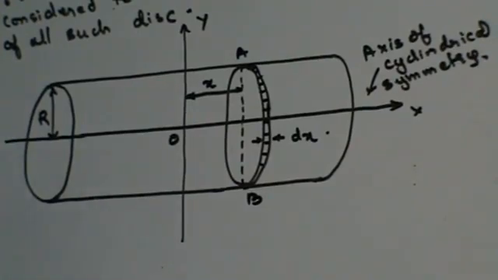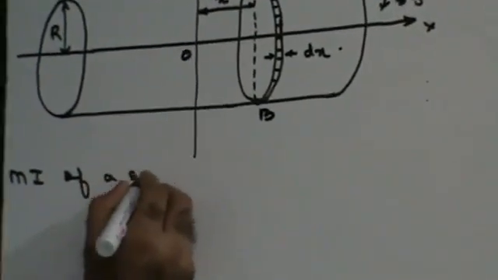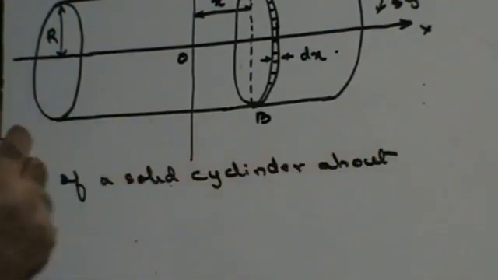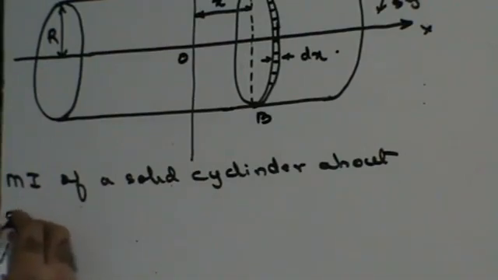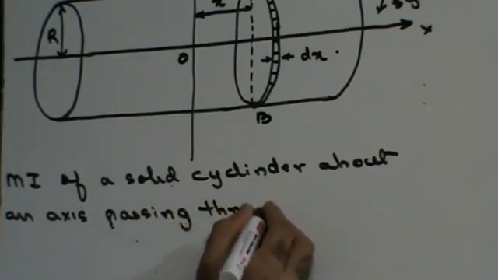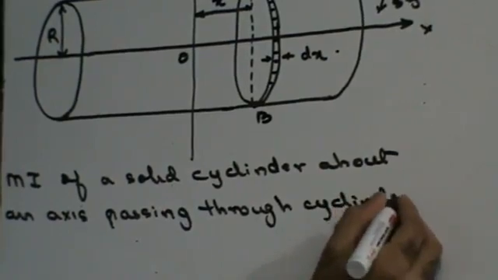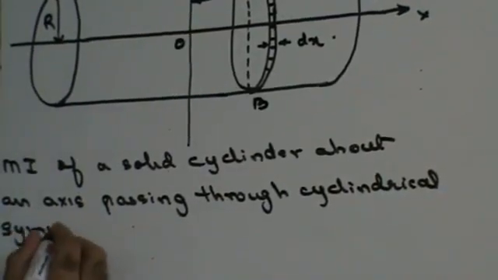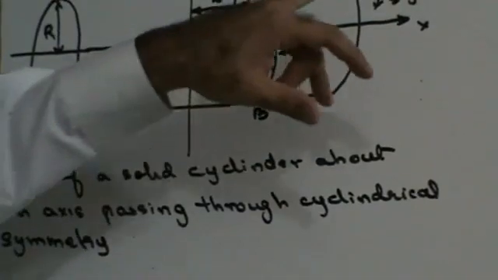Now, I can say that the moment of inertia of a solid cylinder about an axis passing through the cylindrical symmetry, I just showed you what is the axis of cylindrical symmetry.